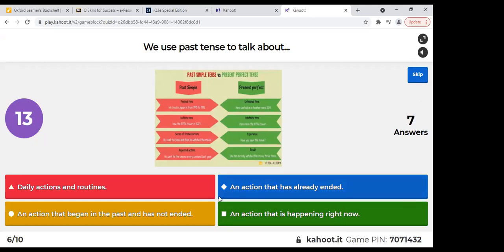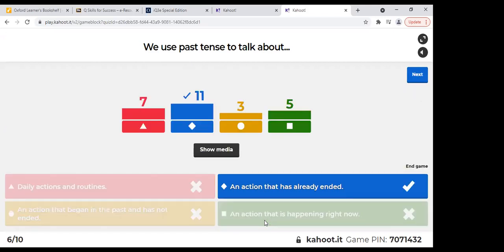You can see the options on my screen. Are you on your phone? If you're using your phone, you will just see the 4 buttons: red, blue, orange, and green. So you look at the answer on my screen and you choose which one is correct. Doctor, I can't join. You can't join at all.